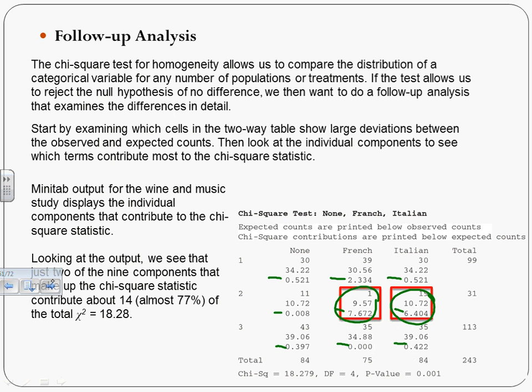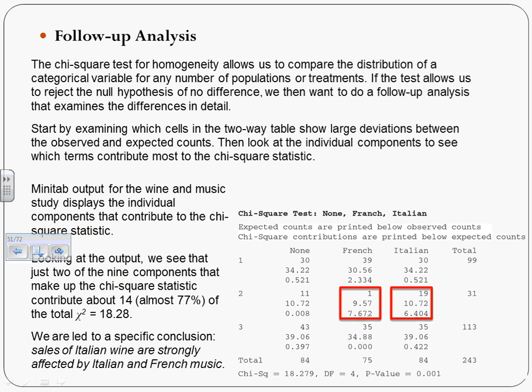Looking at the output, we see that just 2 of the 9 components made up almost 77% of that chi-squared statistic. So we are led to a specific conclusion. Cells of Italian wine are strongly affected by Italian and French music. Okay? So you really want to do a follow-up and look at each of those individual components.